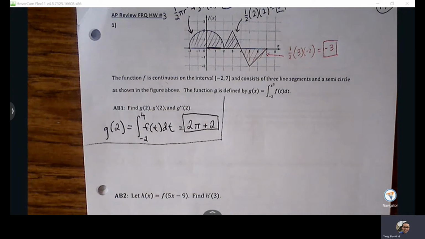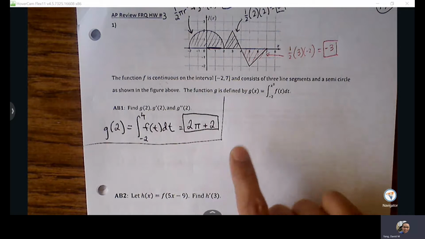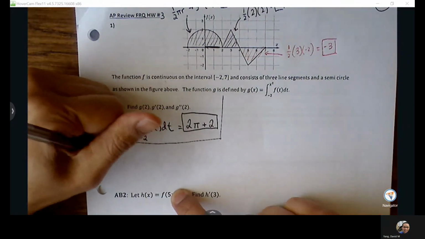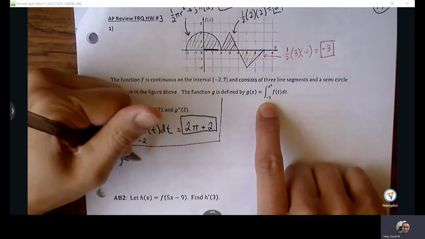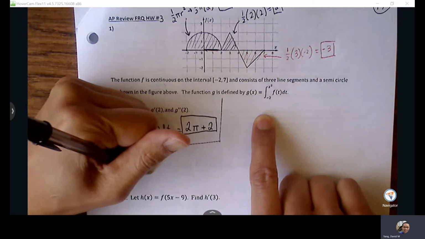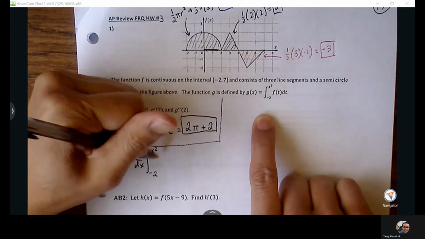Next up, find g prime of 2. But before we find g prime of 2, we first have to find g prime of x. So we know there's going to be some canceling out here, right? Derivative of a definite integral here.